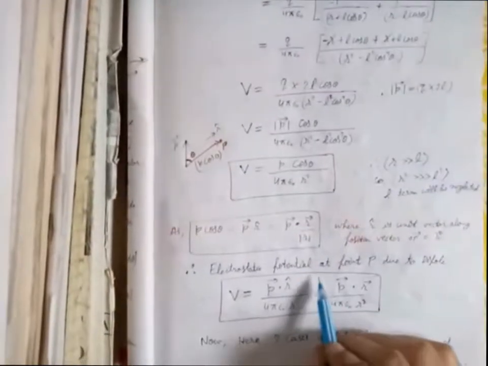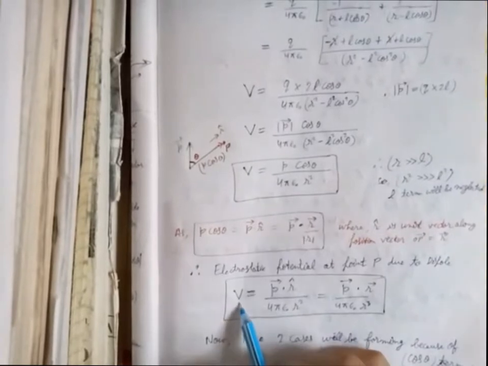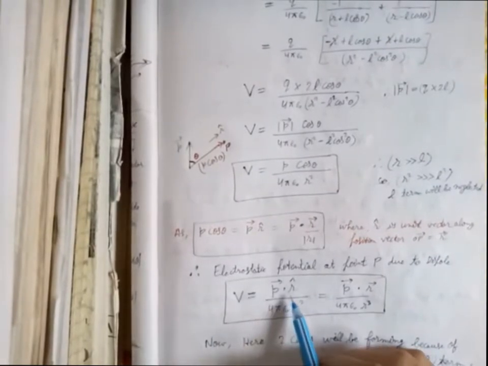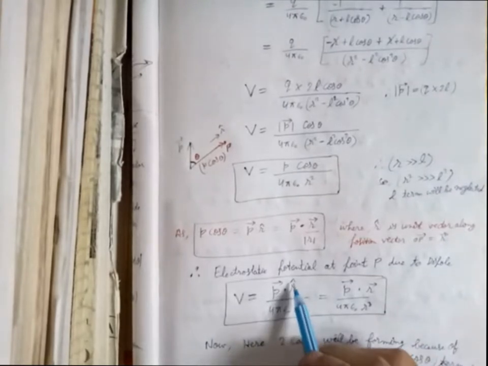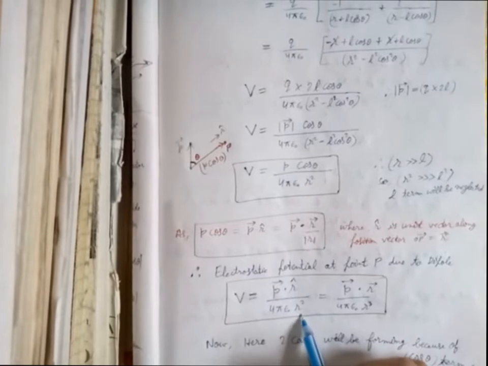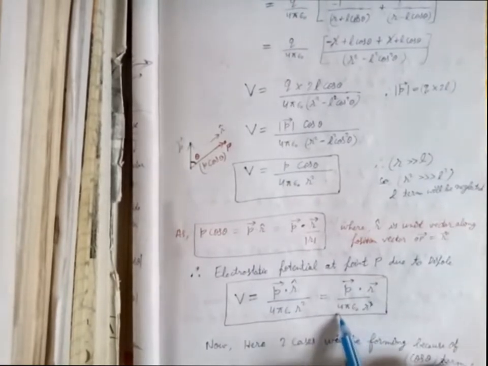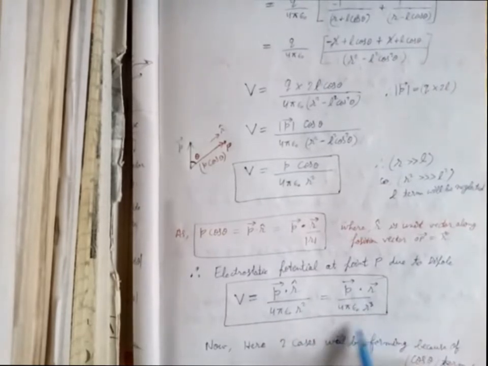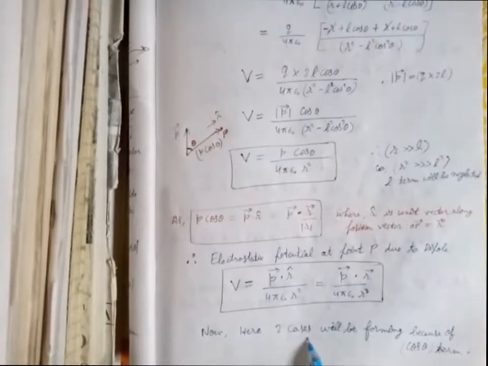So the electric potential at a point P due to the dipole is V equals P vector dot r cap upon 4 pi epsilon naught r square. So this will be P vector dot r vector upon 4 pi epsilon naught r cube. Now here we have two cases because of the cos theta term.